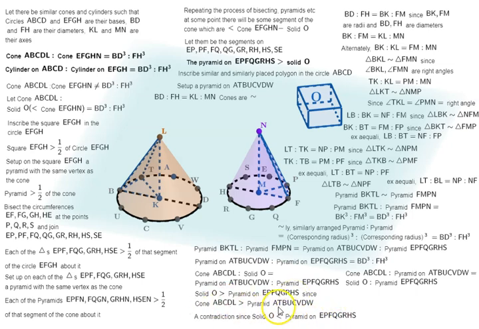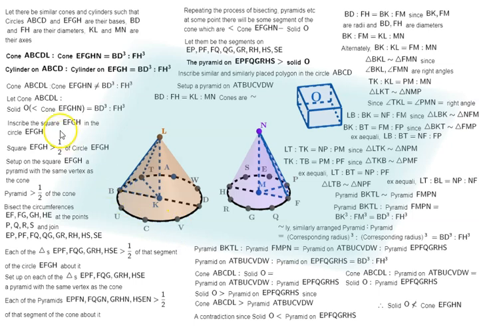So because of this contradiction, solid O cannot be less than cone EFGHL. So this was our case 1, where solid O was less than cone EFGHL.